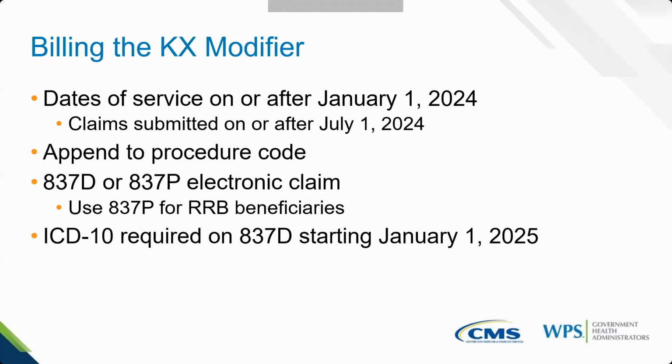So that's what I mean when using the KX tells the system, yes, this claim contains dental services that Medicare doesn't usually pay for, but it's okay in this situation because the provider has documentation proving all of the things that we went over on the previous slide: that it's medically necessary, the dental services are inextricably linked to the medical services, and the medical and dental practitioners coordinated care for the services.